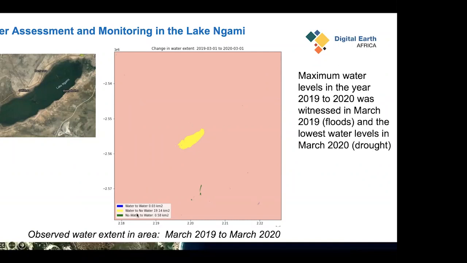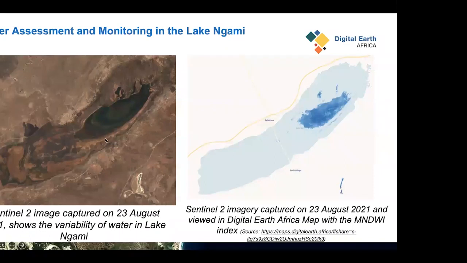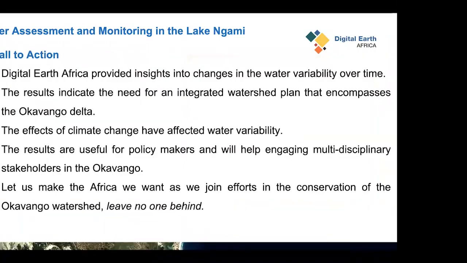If you look at the legend, you notice that here we have water to no water within the lake. And this is also an assessment of the water body from the Sentinel-2 satellite imagery that was captured on 23rd August 2021, showing the variability of the lake water in Lake Ngami. And still using the MNDWI, you see the water body of that same period that was captured.